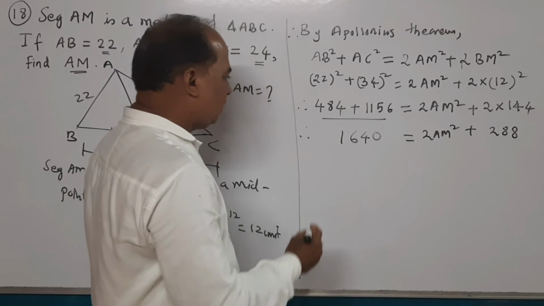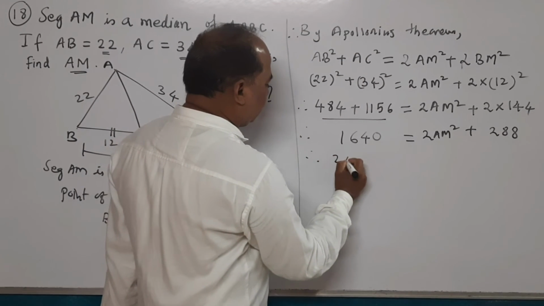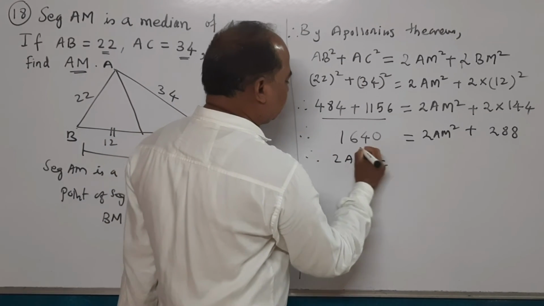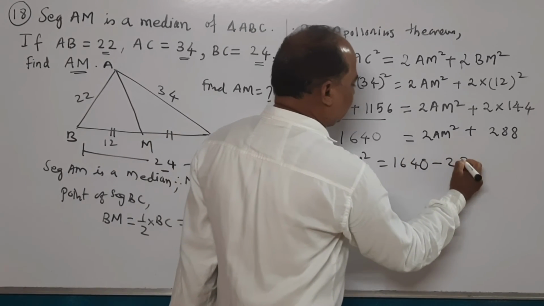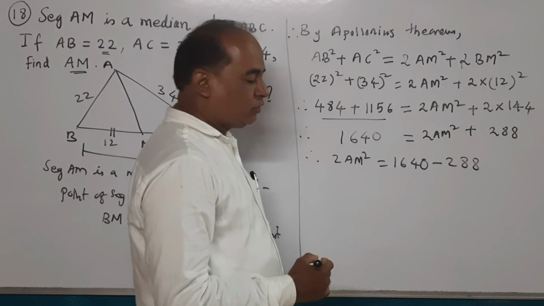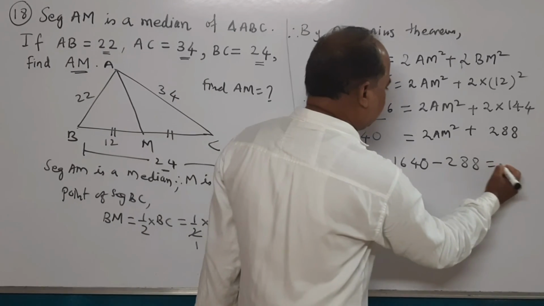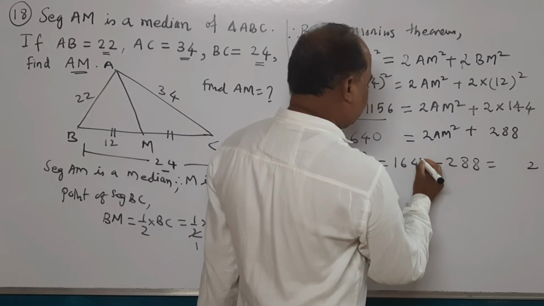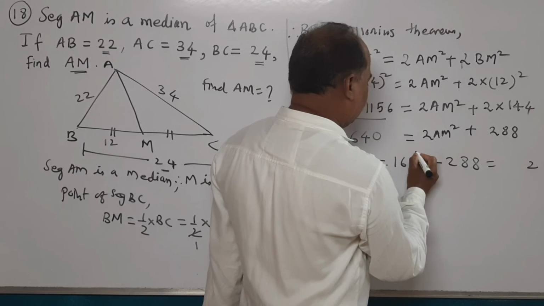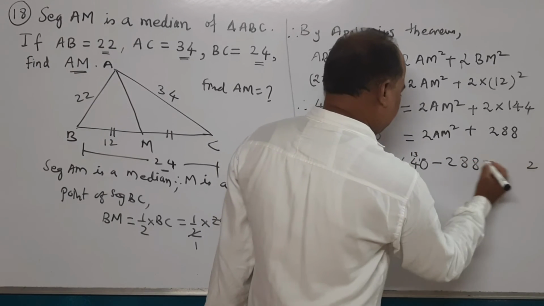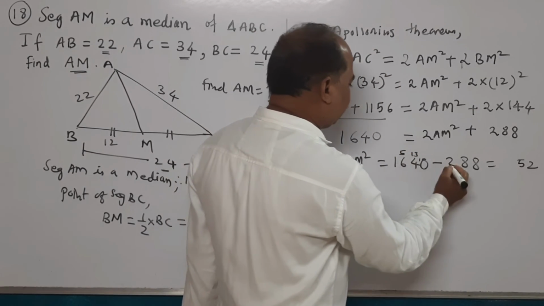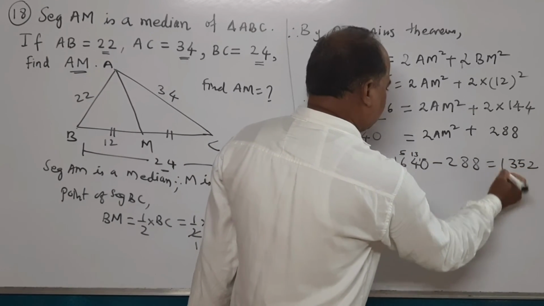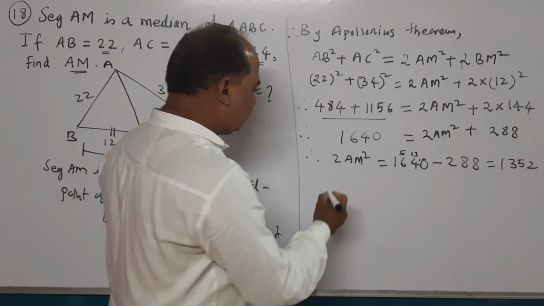That is 288. Therefore 2 AM square is equal to 1640 minus 288, which is equal to 1352.